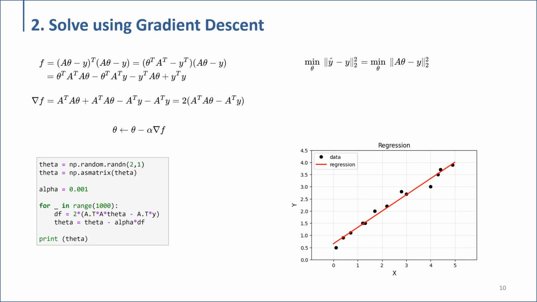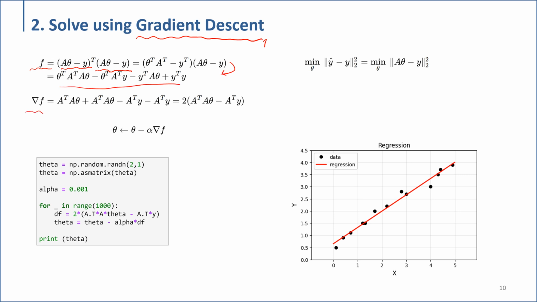Another way to solve this problem is using gradient descent optimization. As we learned last time, we know how to solve this optimization problem using gradient descent, right? Our objective function is nothing but (A theta minus y) transpose (A theta minus y). By calculating this, we can compute the gradient.